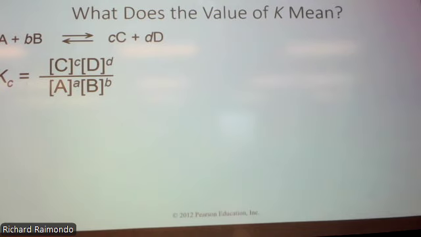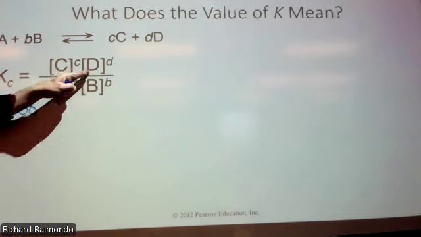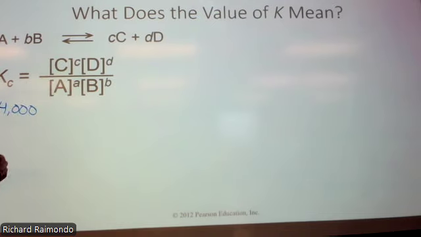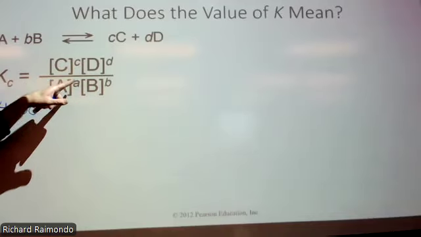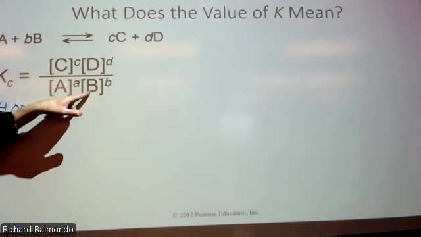All right. So this is the new stuff here. What does it mean if we have a high value of K? For example, if I had a K with a really high value, I'll make up a number, 54,000. What does that tell you about the concentration of the products versus the concentration of reactants? Algebra-wise, and we'll get away from the algebra in a second, you have a higher concentration of products at equilibrium than of reactants, right?